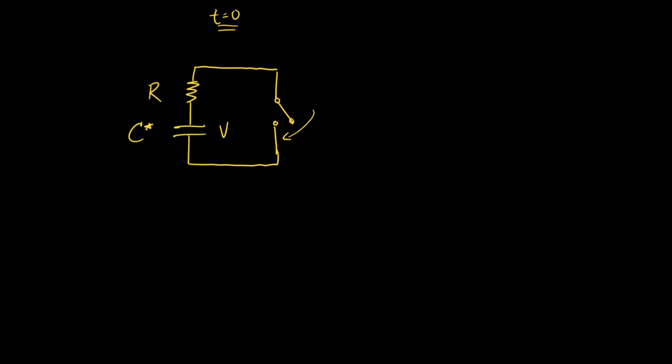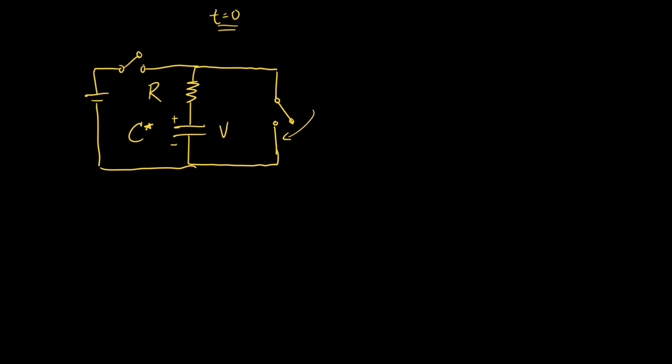Is it clear to you guys that the moment we close this switch, we're going to have a flow of current? So, hear me out. We took this right off the original circuit, and the original circuit kind of looked like this. Remember the original circuit was here? That tells me that this is the positive plate and this is the negative plate.